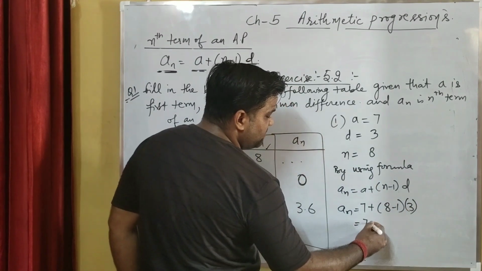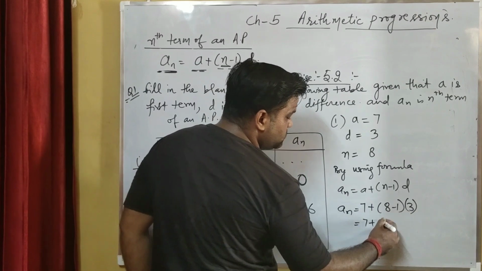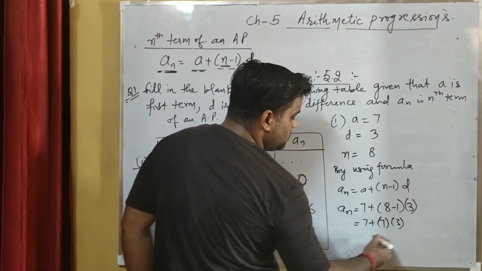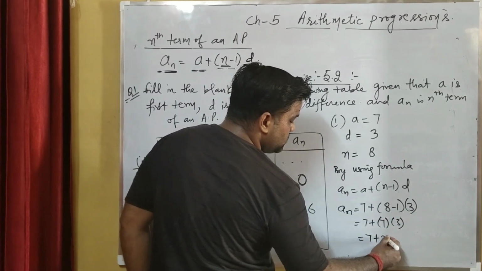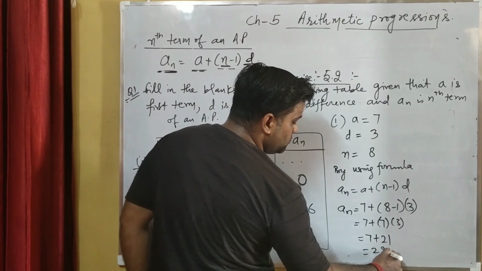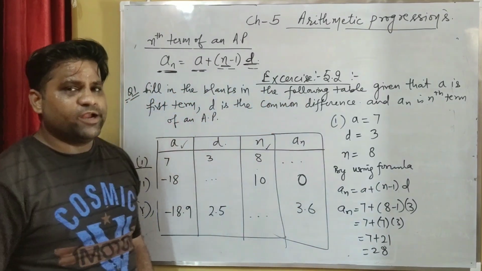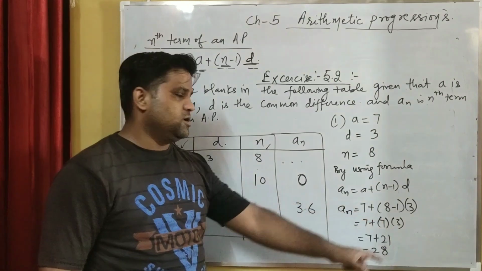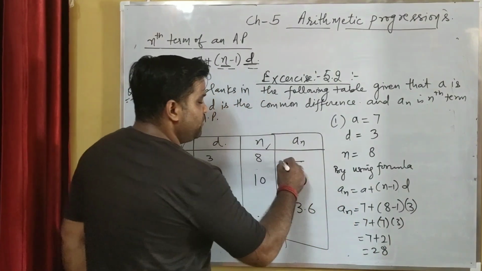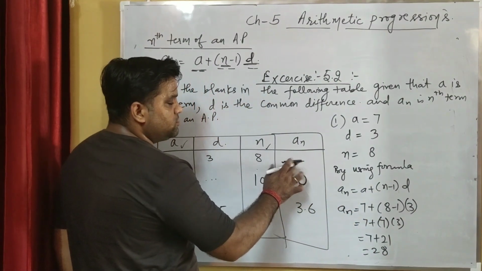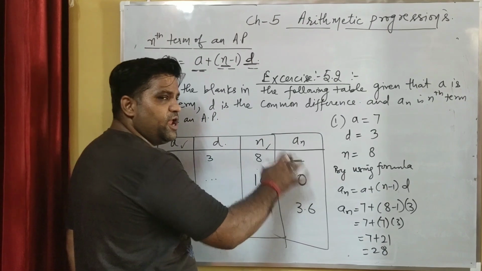Multiply. So 7 plus, first of all the bracket, so 7 plus 21 which is equal to 28, which is the required answer. So the blank we have to fill is 28.